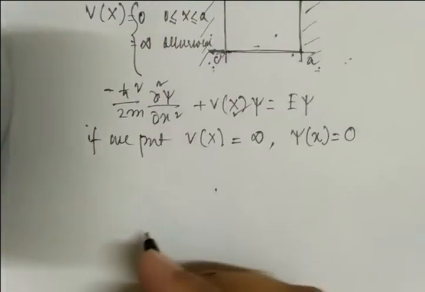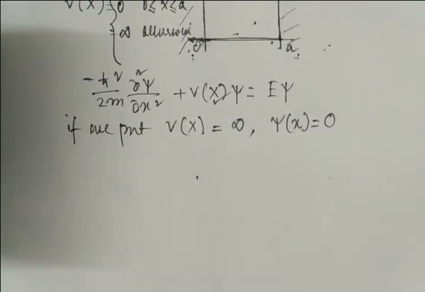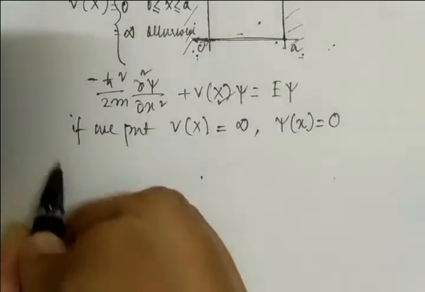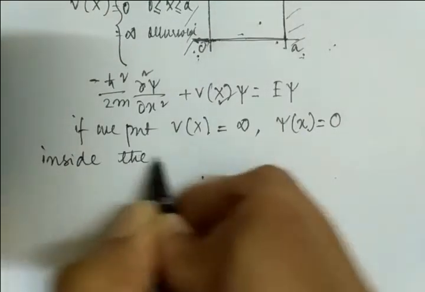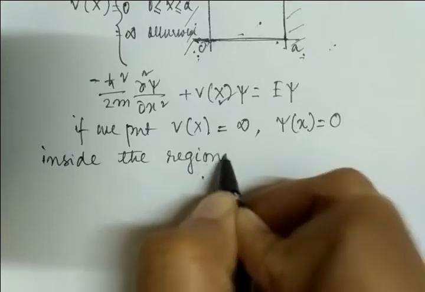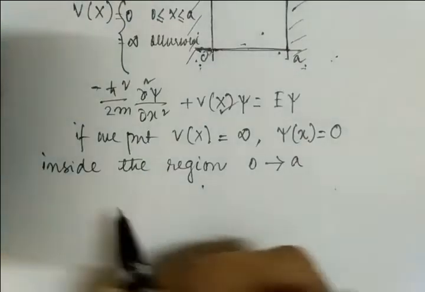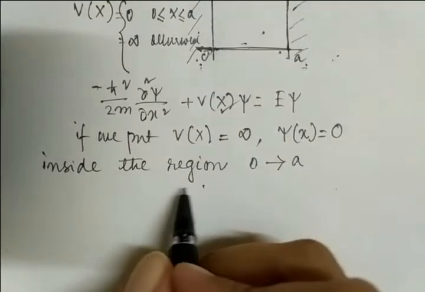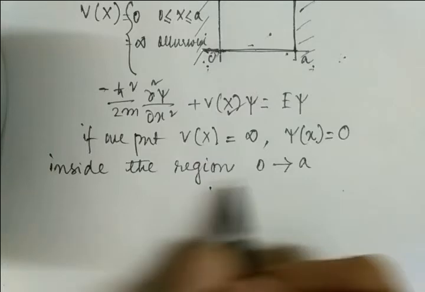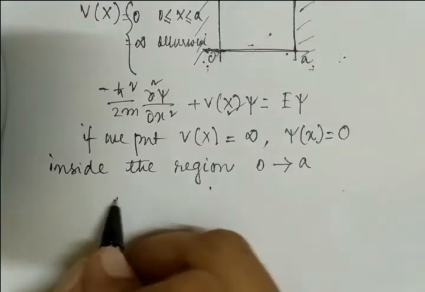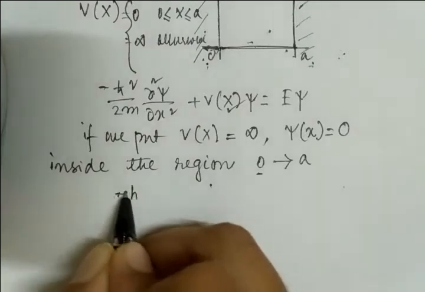So if we put V of x equal to 0 inside the region, that is 0 to a, then what will be the modified equation?